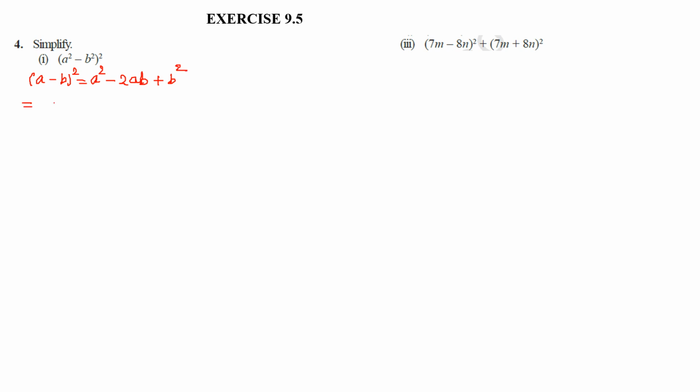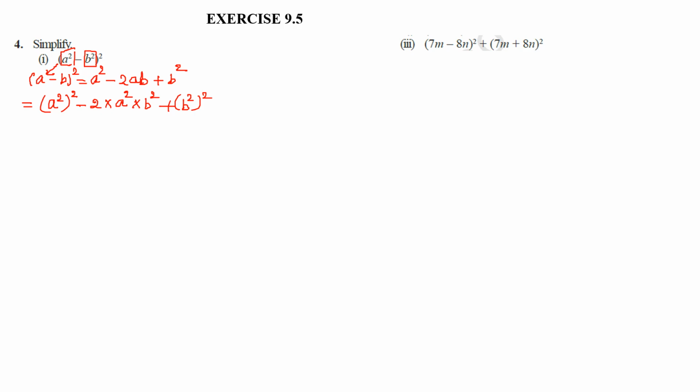So here a square means it will become (a square) whole square minus 2 into a square into b square plus (b square) whole square. Now why is it (a square) whole square and (b square) whole square? If you compare the question with the standard identity, your a is a square and your b is b square.